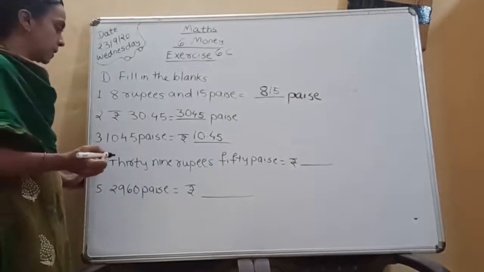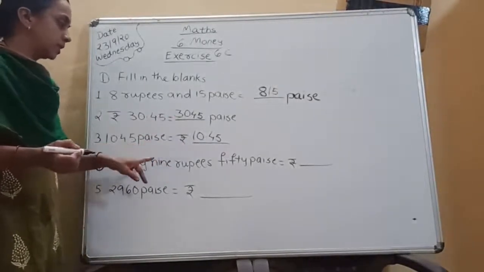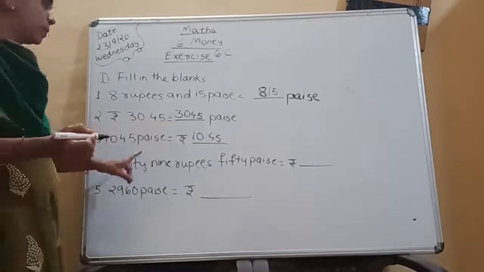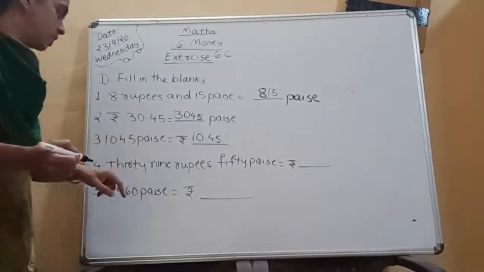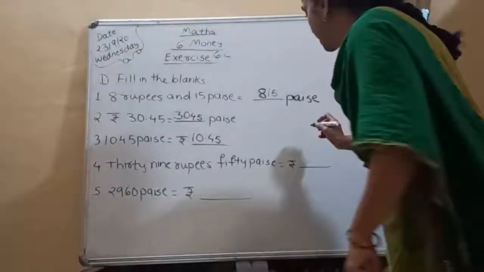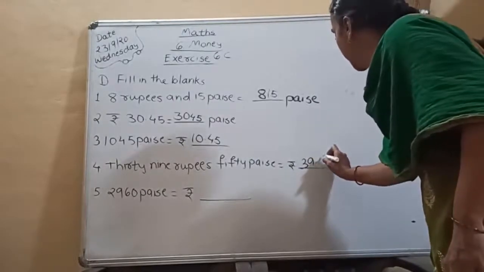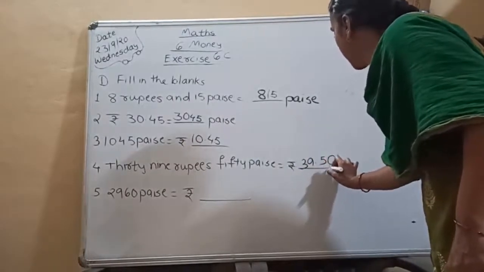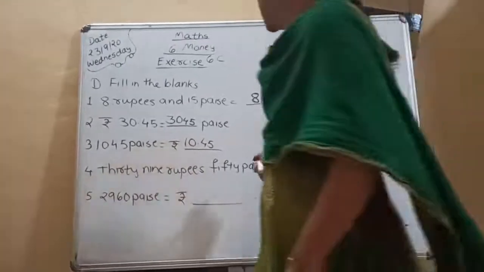Now see fourth example. 39 rupees 50 paise. This also we have to convert into rupees. So what we will write here? Rupees 39 dot 50. So in this way we have to write down.